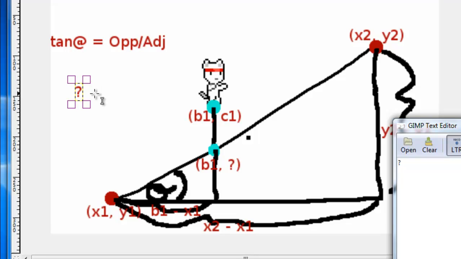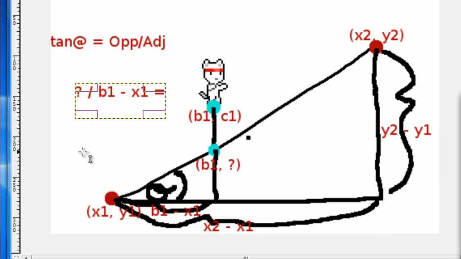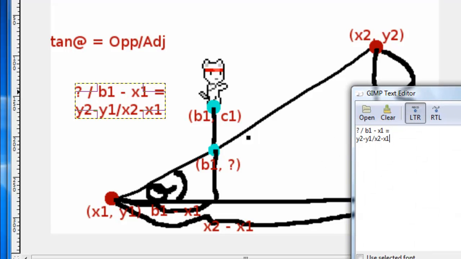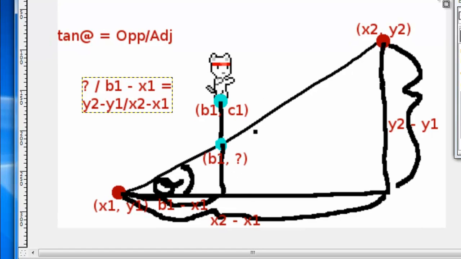So question mark over adjacent, which is b1 minus x1, is equal to the opposite of the big triangle, which is y2 minus y1 over x2 minus x1. And then all we do is solve for y. I mean the question mark. And so that's what we're going to do here. Hope that made some sense. So let's program this in. It's really pretty simple.